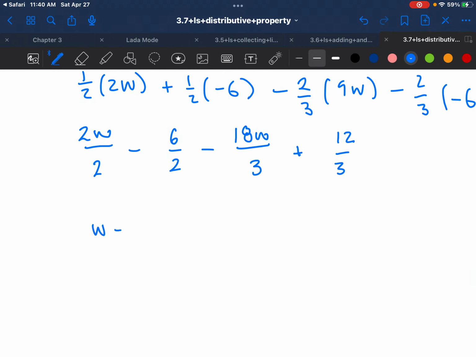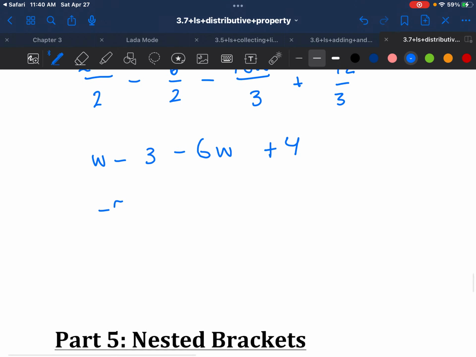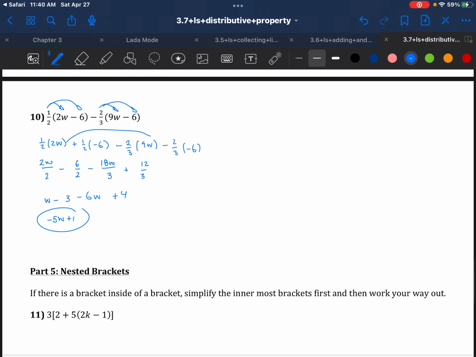That goes to w minus 3 minus 6w plus 4. We just divided those all. Then we're going to get negative 5w plus 1. This is from past units, so if you need help with that, just look back at some of the videos.